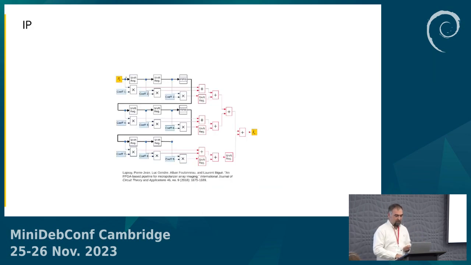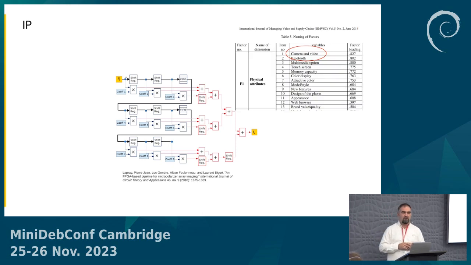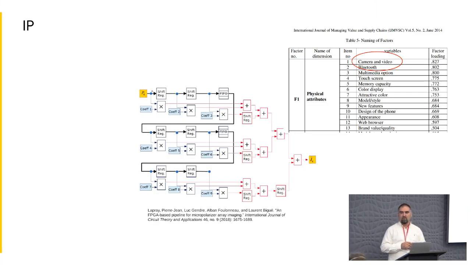We also have a big problem. This is very important for vendors. When you go to buy a mobile phone, the number one deciding factor when you buy a phone is not how much memory it has, it's not how much CPU it has, it's not how big the screen is, it's how good the camera is. So people are willing to spend $100 more for a better camera than for twice the CPU.